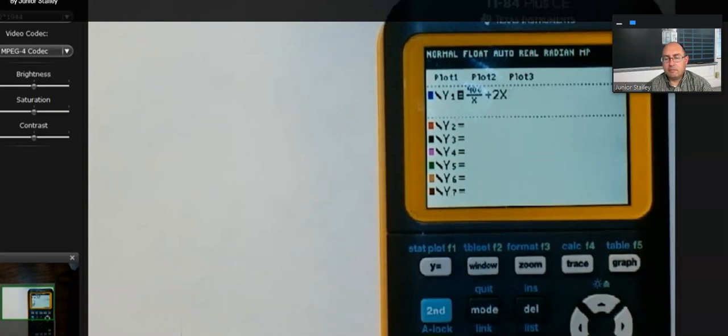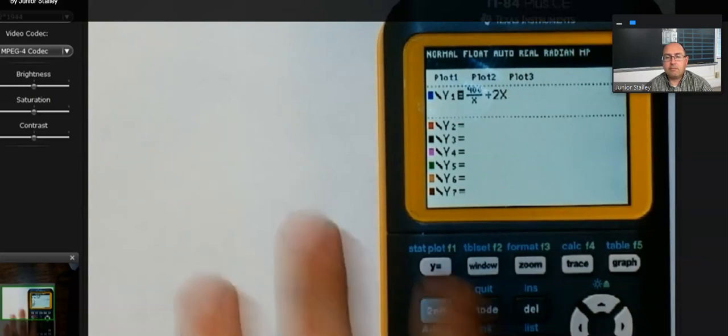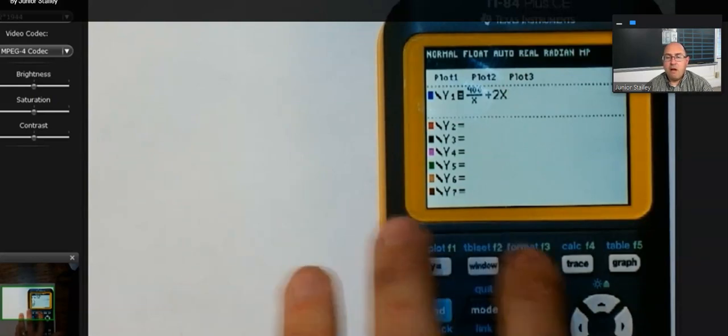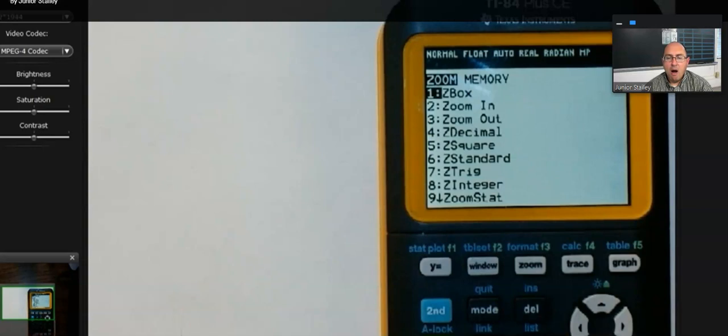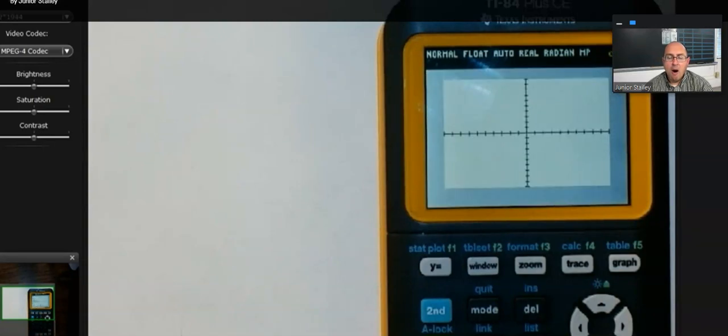Now, here's the function we're dealing with, and what would be a good window to use? Well, you can always start with the standard window, but if you do zoom 6, the standard window, I'm going to guess that we're going to get a really ugly picture. Couple things don't make sense. If your area is 200 and you made one of the dimensions 1, then your area would be 200.